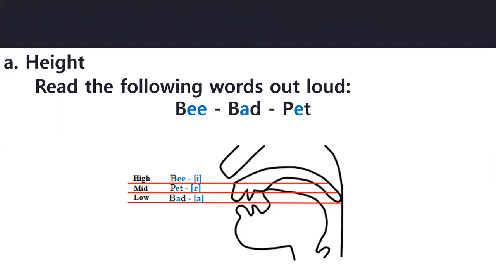Moreover, when pronouncing the vowel E in pet, the tongue remains in the middle. So, as shown in the picture, there are three possible height positions for vowels, either high, mid, or low.